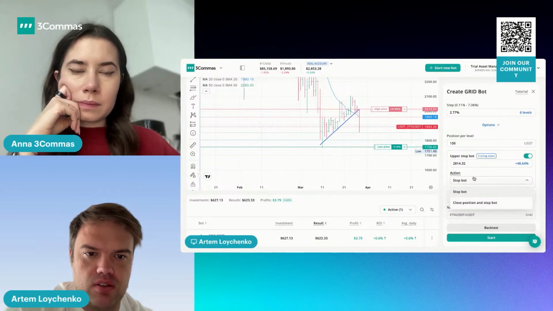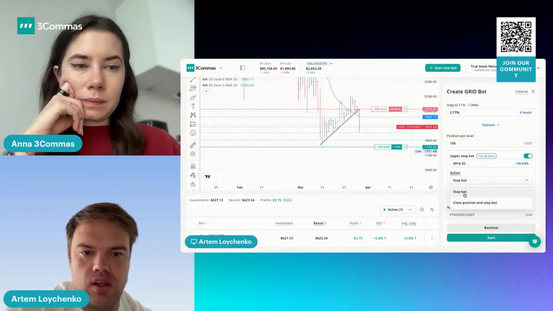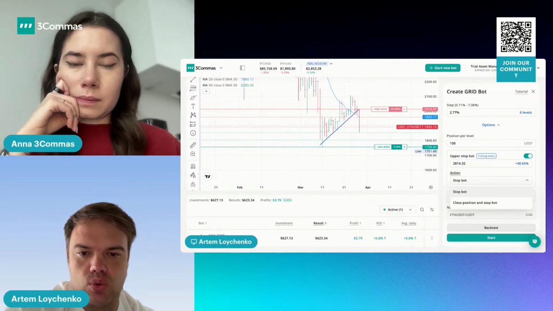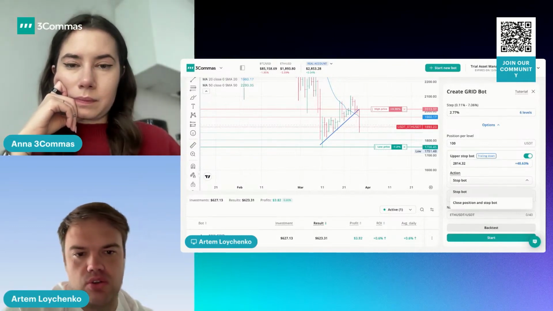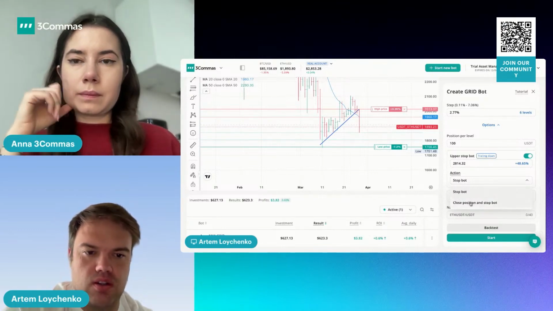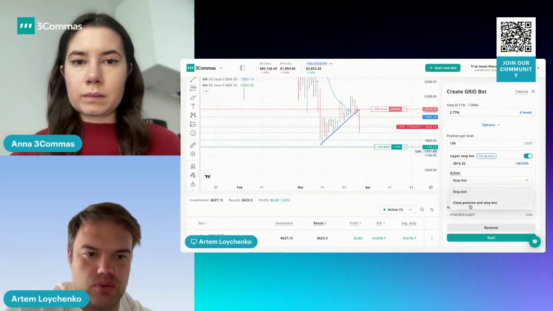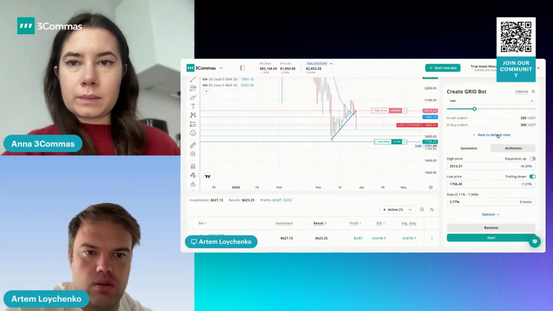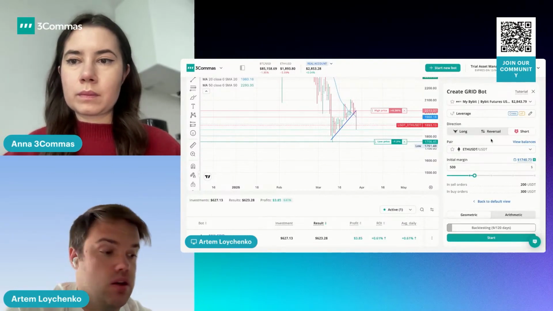If the price goes above the level, you can either stop the bot and leave all the currency that you gained while trading on your account, or you can close positions, meaning that you will be out of all positions, and the quote balance that you get while trading will be closed. Once again, I advise anyone, before you start trading, just do a back test and see the results that it will produce.